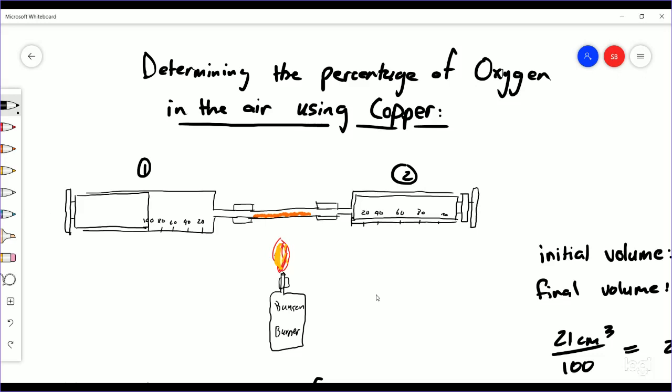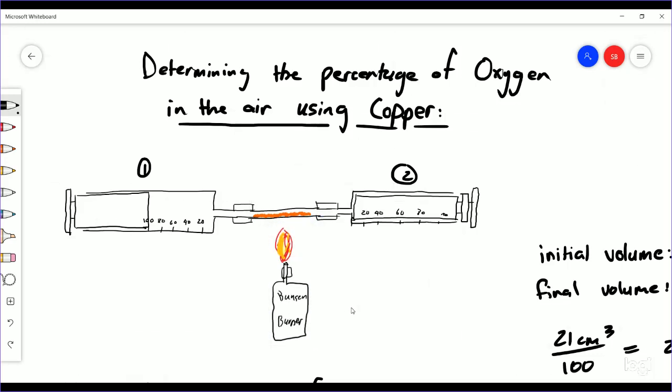In the middle here is a little tube that contains copper, just pure copper in its solid form. We're going to take a Bunsen burner, a roaring, nice blue flame, and apply some heat to this copper.